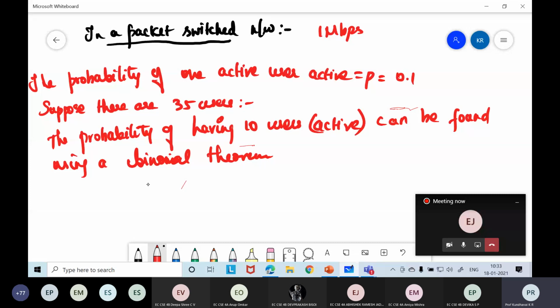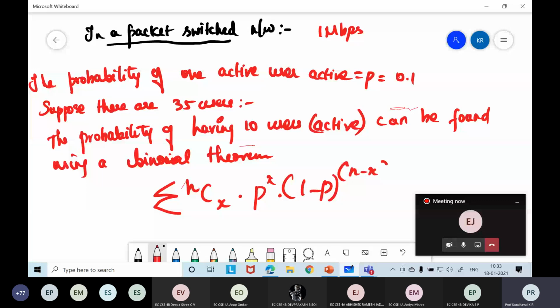The formula is the summation of nCx into P to the power x into (1 minus P) to the power n minus x.